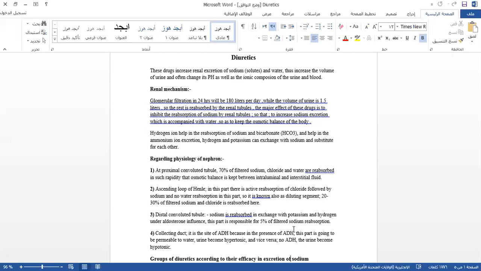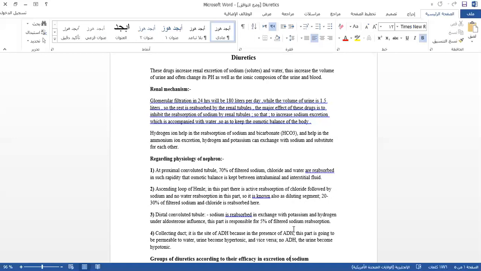Only 1.5 is excreted, so the rest will be reabsorbed, mainly at the proximal convoluted tubule, where about 70% of filtered sodium, chloride, and water are reabsorbed with such rapidity to keep the osmotic balance between the luminal fluid and the peritubular or interstitial fluid.